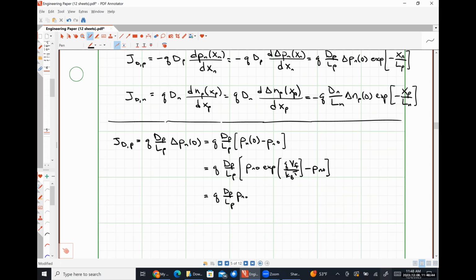Taking Pn naught out, we get exp of QVF over KBT minus 1.